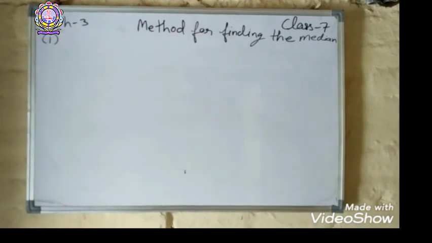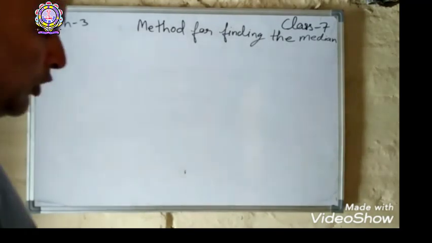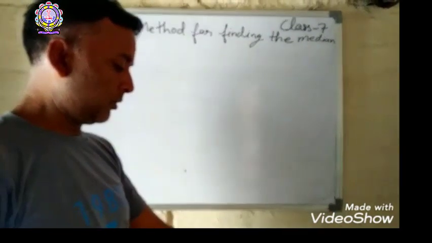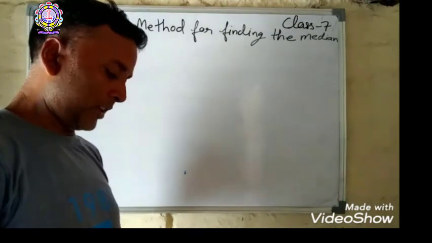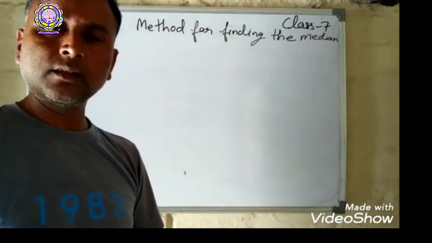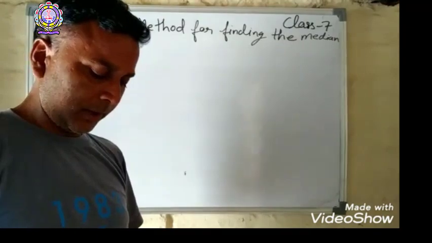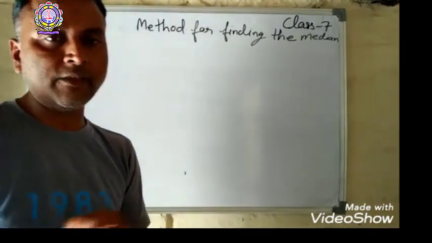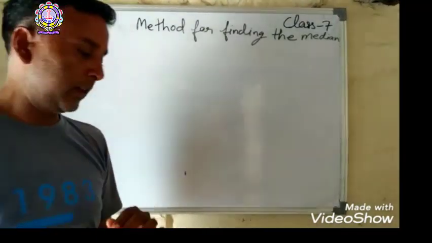Okay. Now, the method for finding the median. You just observe the above. So what is the first step to find the median? The first step to find the median is to arrange the given data in ascending or descending order.